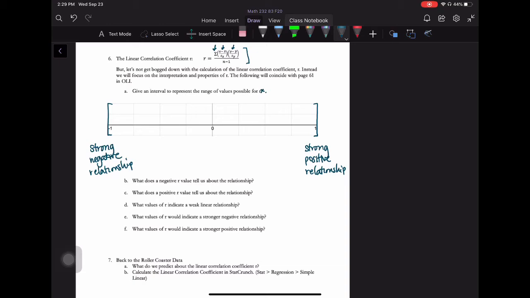Some books use different values to determine whether something is weak or strong. We're looking at -0.25, -0.5, -0.75, 0.25, 0.5, 0.75. Typically, strong is an R value of 0.8 to 1 or -0.8 to -1.